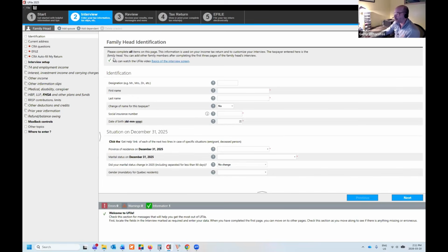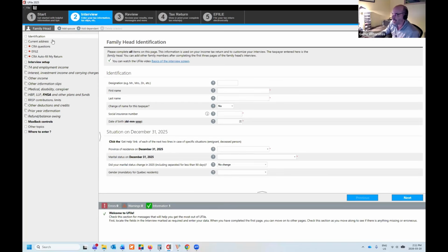Let's have a look at the interview screen now and what's within it. What do we have as far as features? How do I navigate through the interview screen to complete my tax return? First things first, the interview screen is subdivided into three sections. The first section is this left-hand menu, which we call the navigator. This left-hand menu will comprise all of the relevant sections that are on your return.